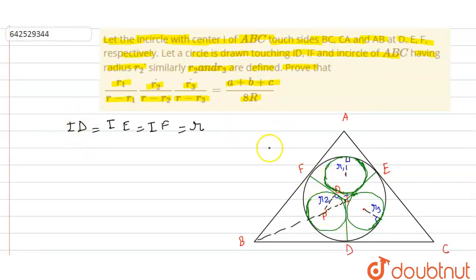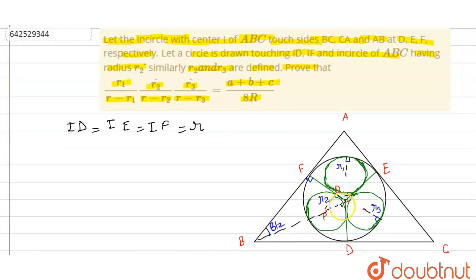So let's solve this. Now, what we need to prove is this equation. First of all, we need to understand what the incenter is. It is the intersecting point of all three angle bisectors. So this angle is b by 2. Now this one is perpendicular, and this one is as well.